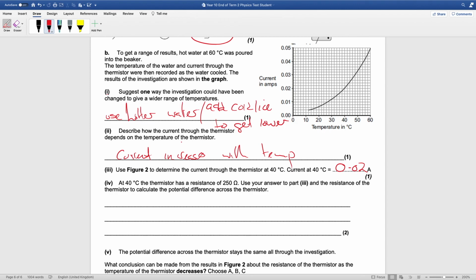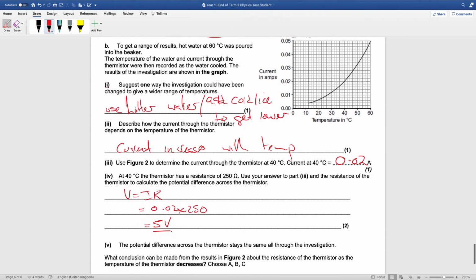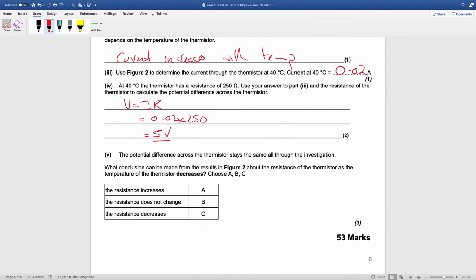You get 0.02 amps. Then in part 4 you're using Ohm's law, V equals IR. You're given R, you've just read off the value of the current I, so V equals 0.02 times 250. Nice and straightforward. Five volts.